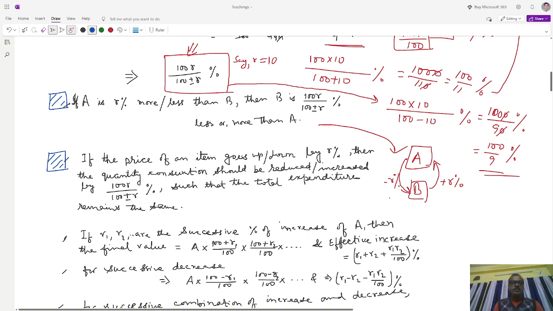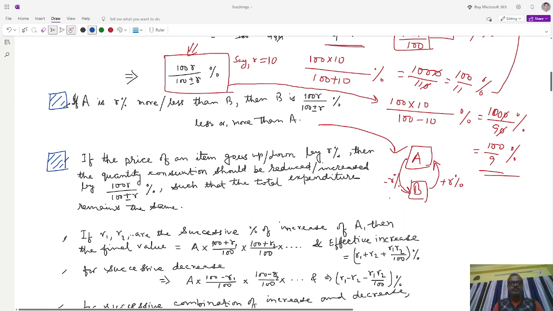One example is: if the price of sugar is increased by 25%, then the quantity consumption should be reduced by how much percentage such that the total expenditure remains the same?